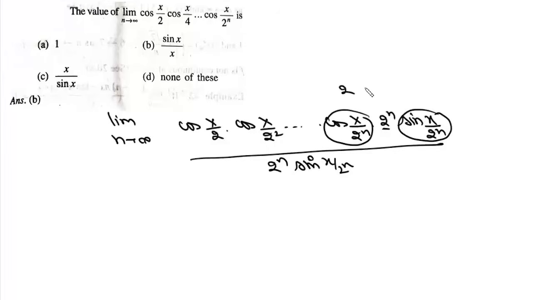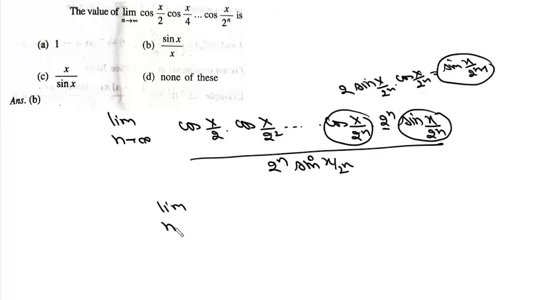Now if we take 2 sine x upon 2 to the power n into cos x upon 2 to the power n, this is 2 sin theta cos theta, which is sine x upon 2 to the power n minus 1. So we'll keep getting this formula for sine 2x, which in the end will be 2 cos x by 2 and sin x by 2, which is limit n tends to infinity of sin x upon 2 to the power n sin x upon 2 to the power n.